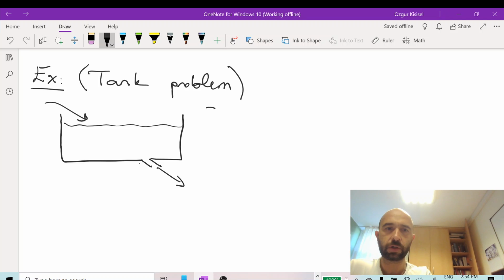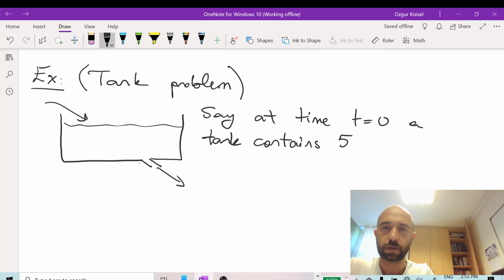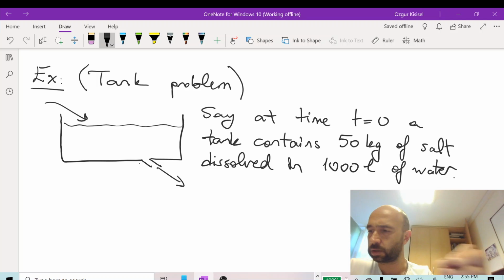So suppose, say at time t equals 0, the tank contains 50 kilograms of salt dissolved in 1,000 liters of water. Okay.